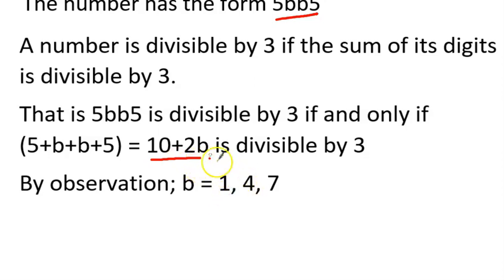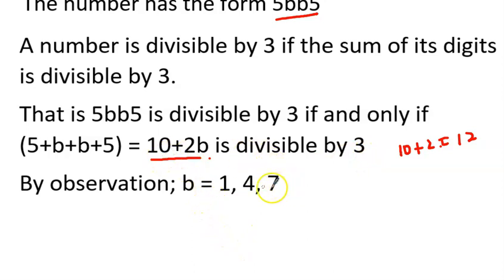So when B is 1, it will be 10 plus 2, which is 12, and 12 is divisible by 3. Okay, let me take 2. 2 times 2 will be 4. 10 plus 4 will be 14, and 14 is not divisible by 3. So let's take 4. 2 times 4 is 8. 10 plus 8 is 18. Of course, 18 is also divisible by 3.